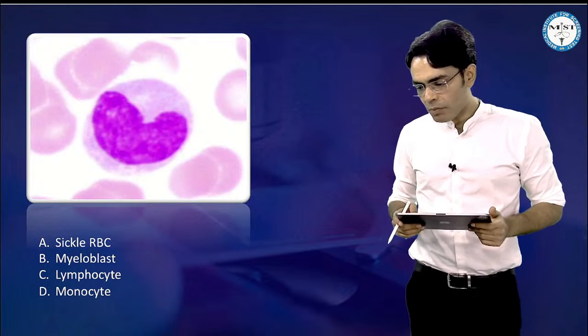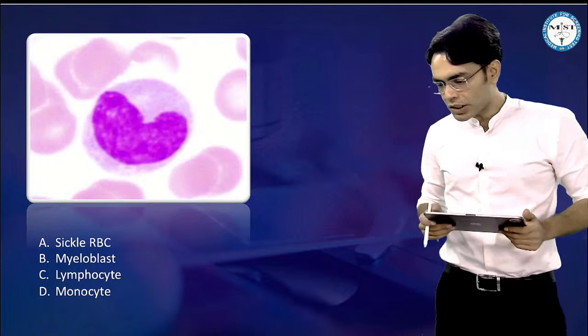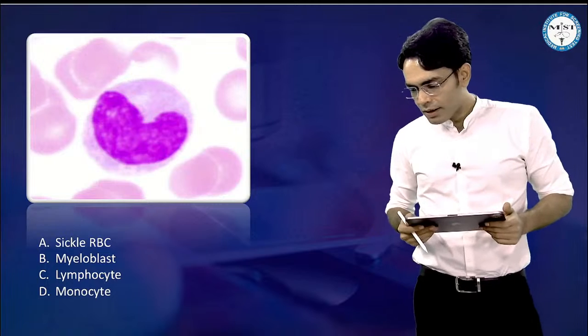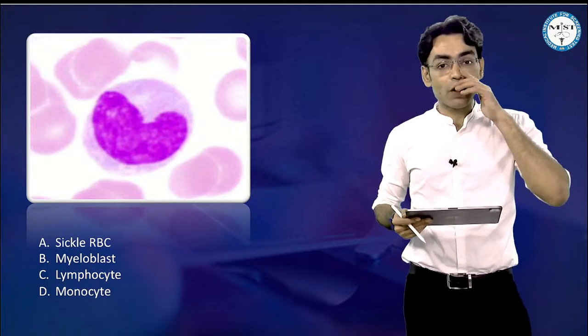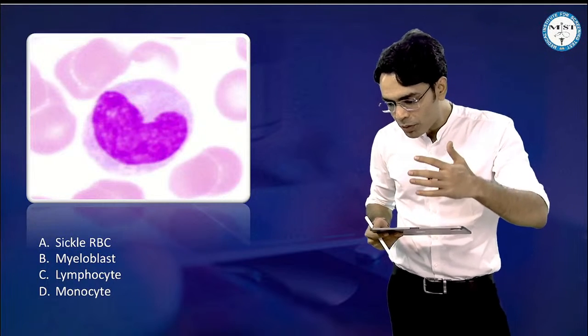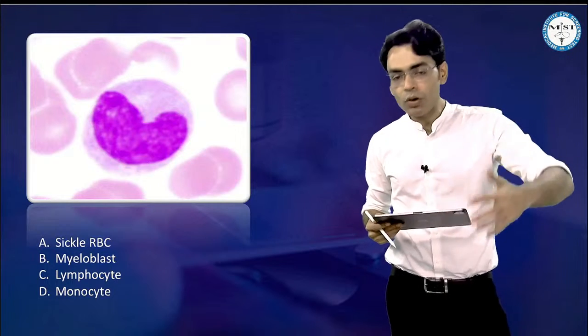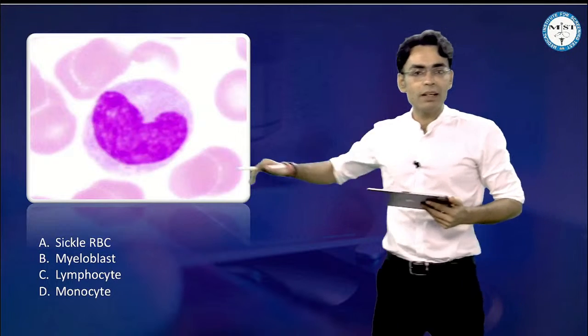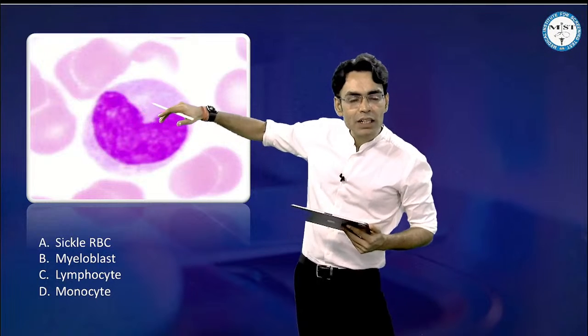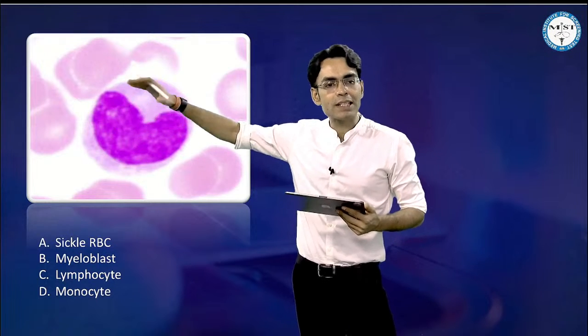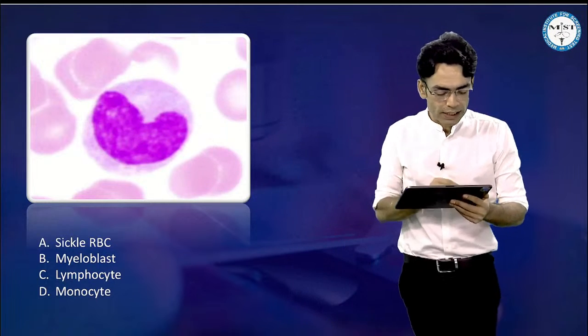Yes, Siddharam, very good. It's a monocyte. You can see the kink in the nucleus, a bean-shaped nucleus. This is a monocyte for you. The correct answer will be D.